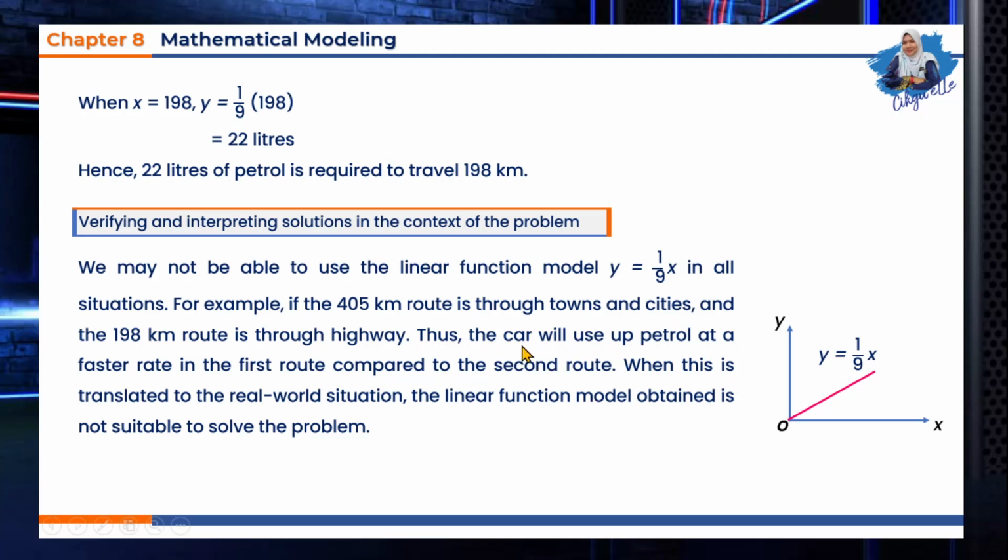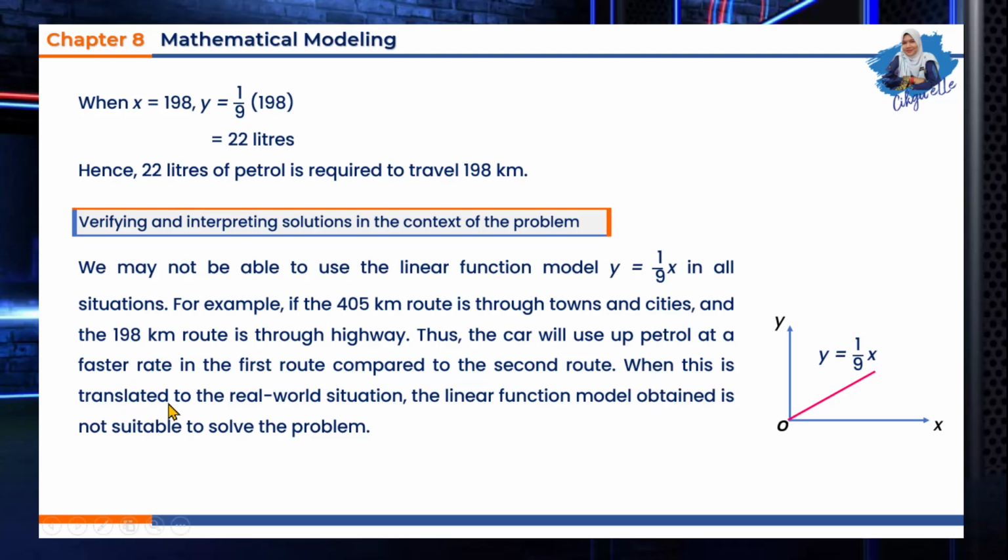Thus the car will use up petrol at a faster rate in the first route compared to the second route. Because when a car goes through towns and cities, the petrol consumption is different compared to a highway.